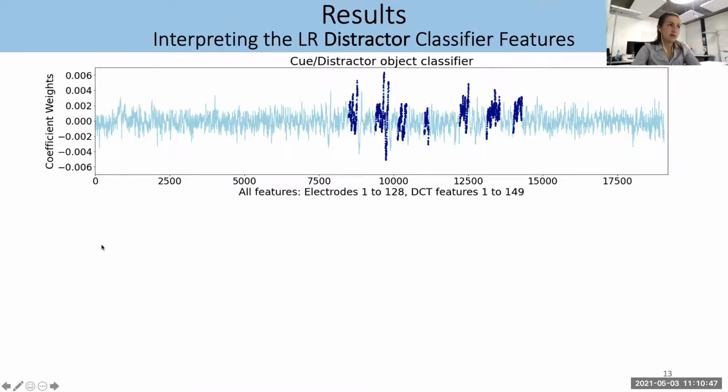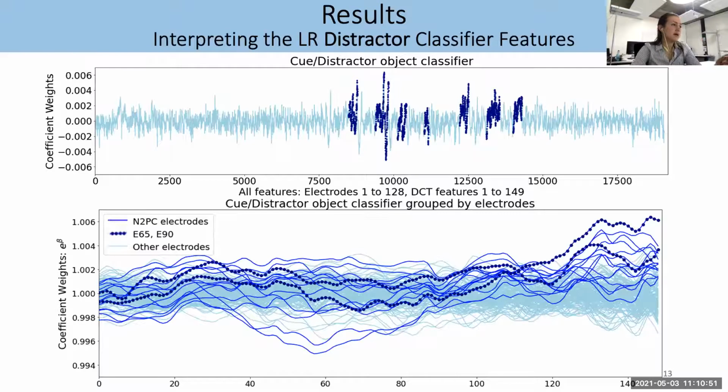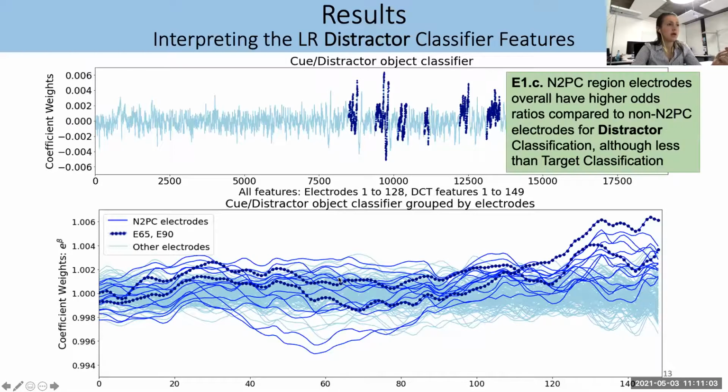We applied also the same logic for the third and final class, which is the distractor classifier. And here we are also able to see that the N2PC electrodes, which are the darker ones, do have a distinct pattern that is different from the non-N2PC electrodes.